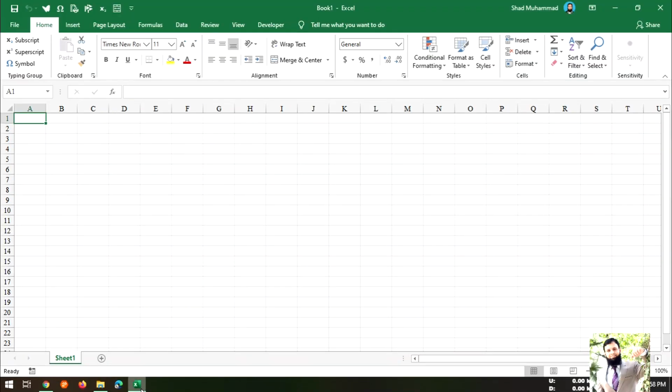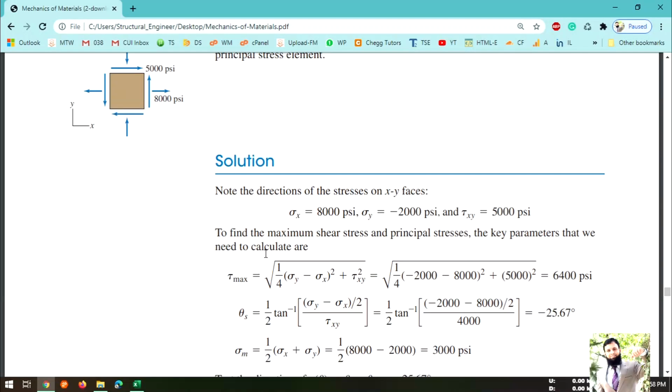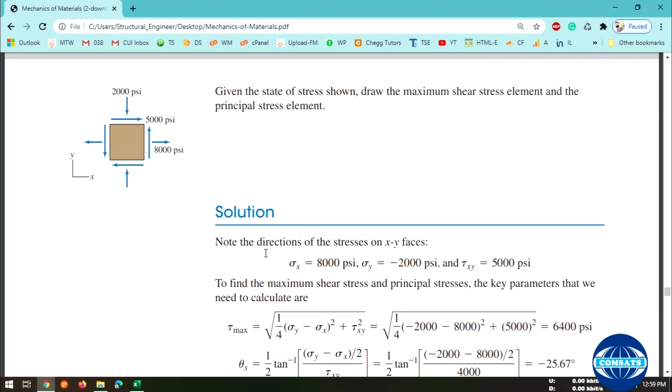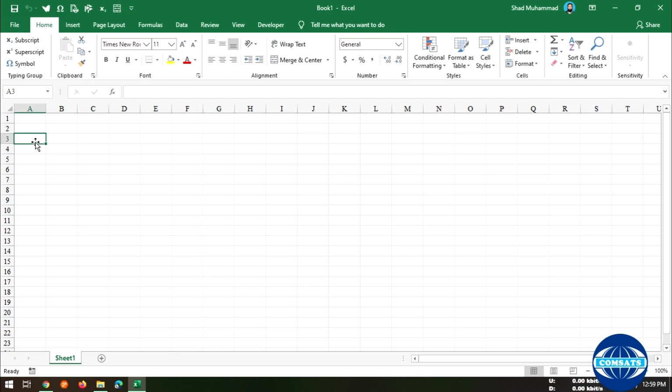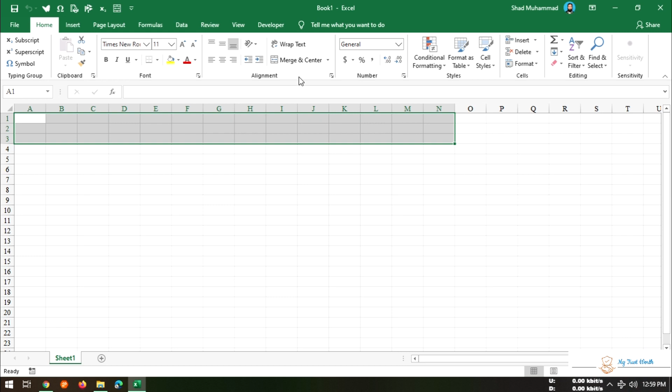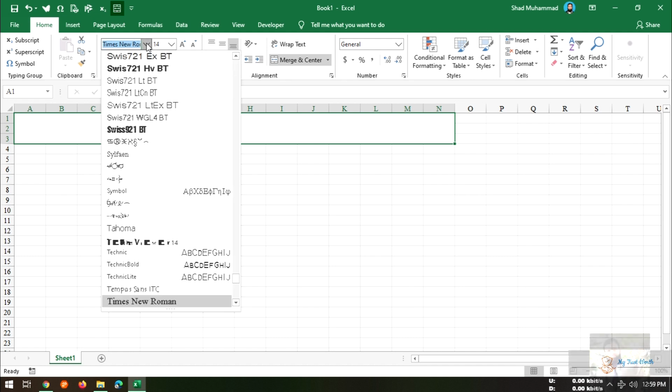Okay, this has opened, and let's try a simpler case. What we are going to do is write some budget, increase the size, Arial will be fine.